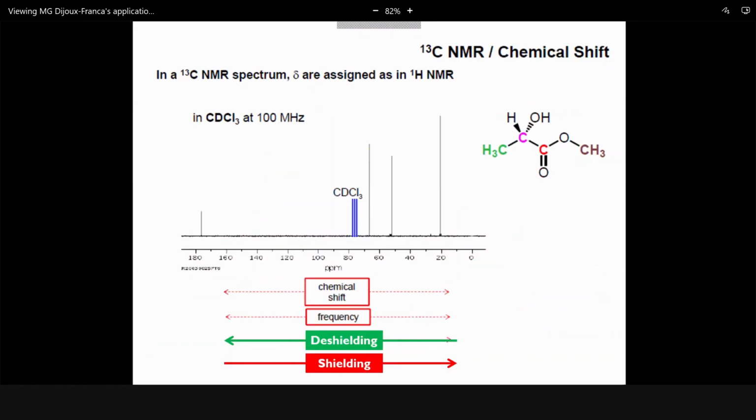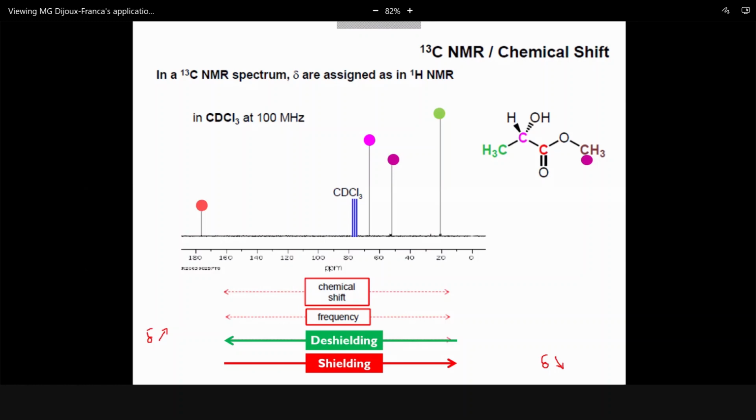Okay, so as I said, you start to understand that we will have the same kind of effect. This is the same molecule we saw before, the same spectrum. And as you could see, we will have a change in chemical shift depending on the chemical groups in the structure. And we will use the same vocabulary. If the chemical shift increases, then you will have a de-shielding. And if it decreases, you will have a shielding effect.